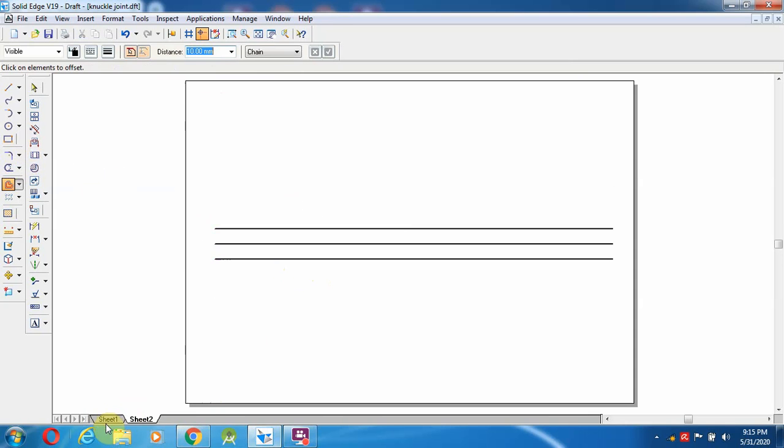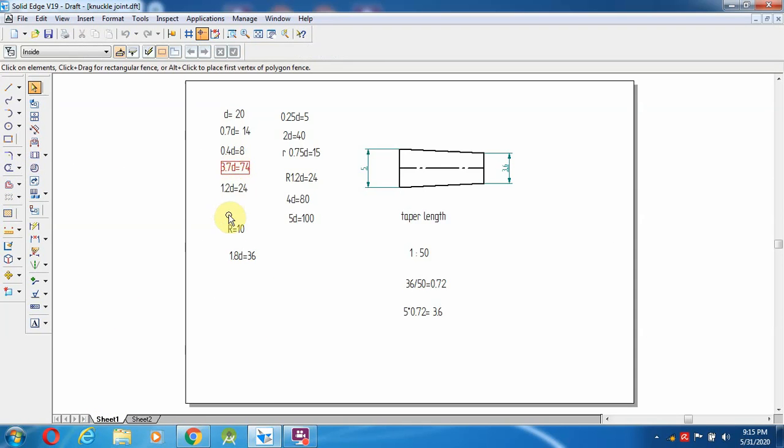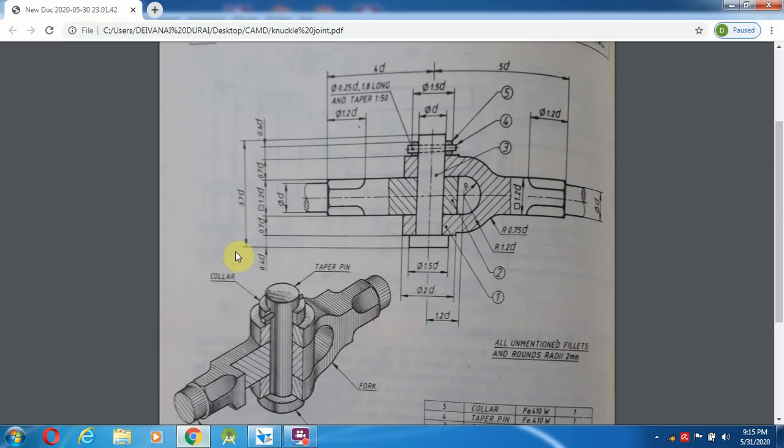The next one will be 1.2d, so that is 24 mm. If you see the diagram, the other one is 1.2d, that means this shape will be square in shape. See over here, front view from here to here, 20 mm only it is coming.